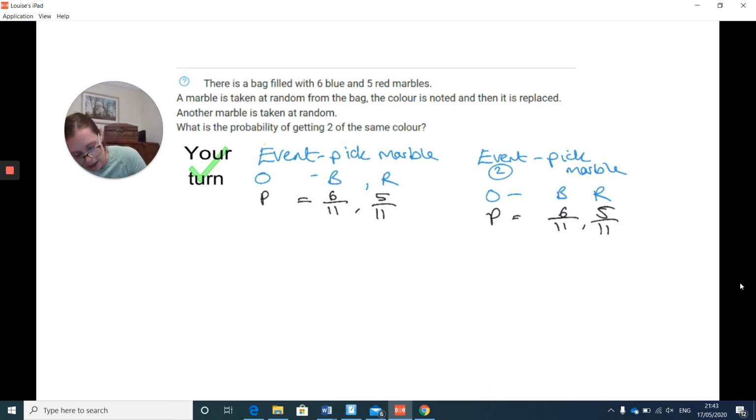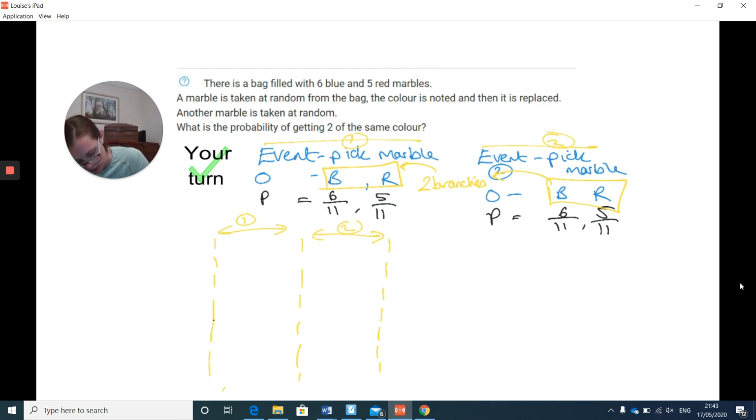But what does it tell you? You've got 2 columns, and in each of those columns, you're going to have 2 branches. So in column 1, you've got 2 branches, but actually in column 2, you've also got 2 branches. So let's draw our columns here. There are your columns, event 1, and there's event 2.